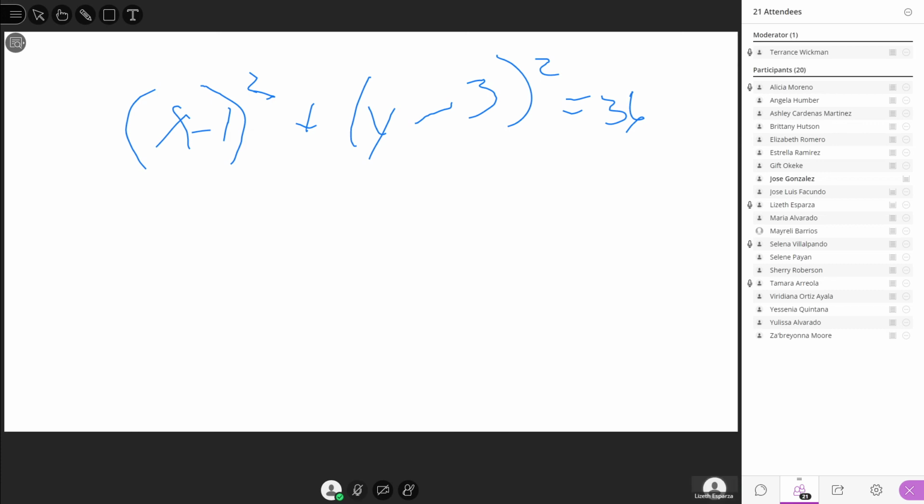The 1 comma 3. 1 comma 3, that's the center, because this is your x, this is your y. And the radius is what? 6. The square root of 36. Perfect.